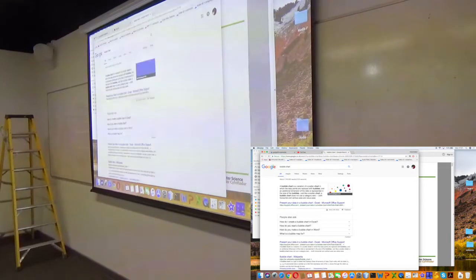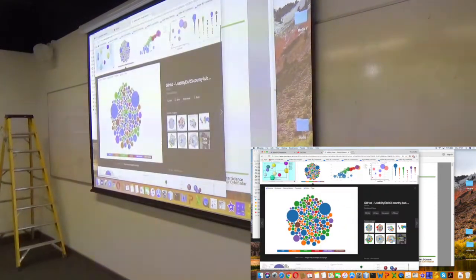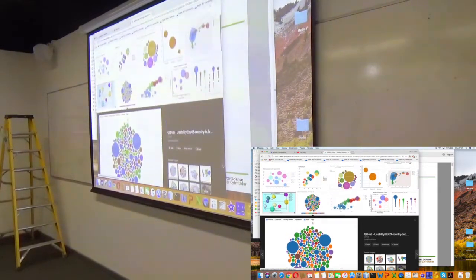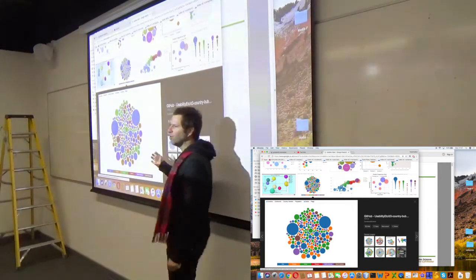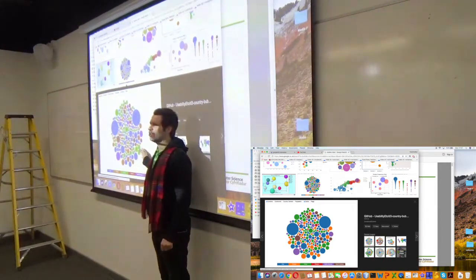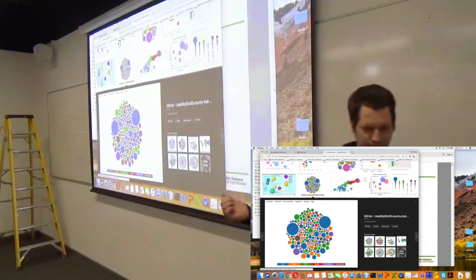So if I Google bubble chart and then I click on images, here's a bubble chart. There's a bubble, this is a bubble chart. I wouldn't recommend submitting something like this, because I can easily convert this to a bar chart. This does not show any more information than a bar chart, right?